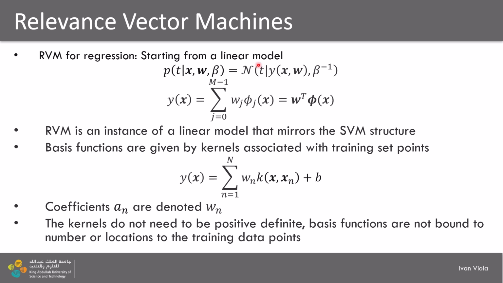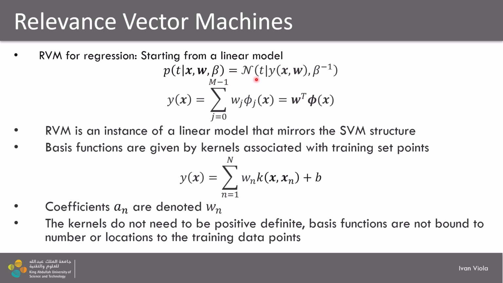So first of all, our conditional probability in case of regression, as we know it, in case of weights and biases, is given as the probability of t given a certain x and certain weights and the precision beta, which is governing the noise in our output data.